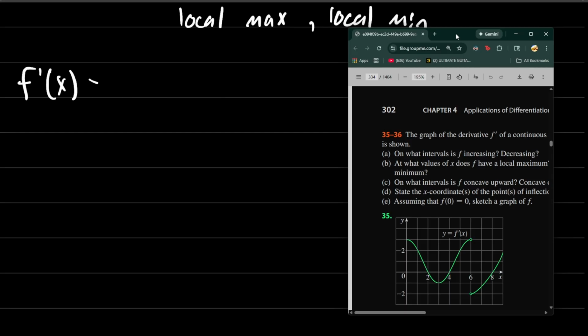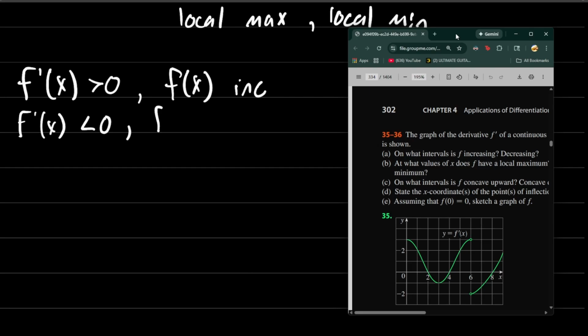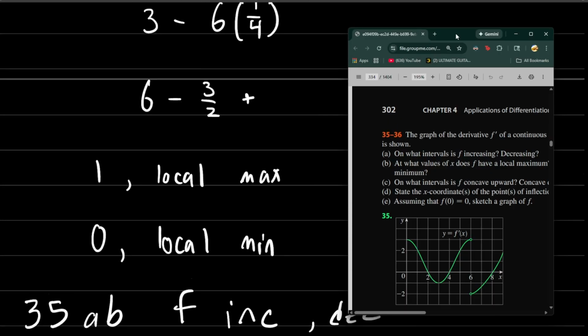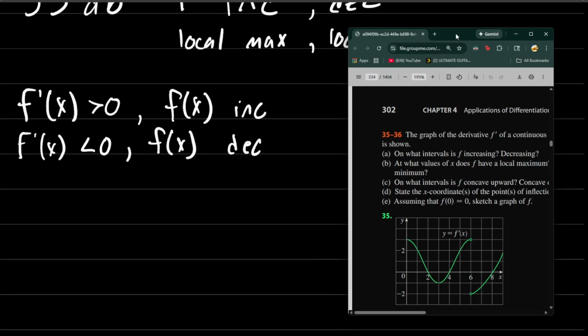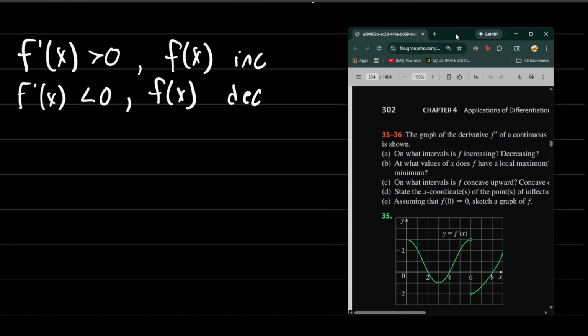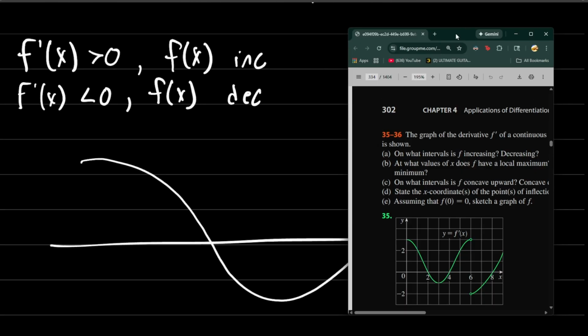When f prime of x is greater than 0, f of x is increasing. When f prime of x is less than 0, f of x is decreasing. And then, whenever it switches values from positive to negative, that means that we have a local min, or excuse me, a local max. And when it switches values from negative to positive, that means we have a local min.